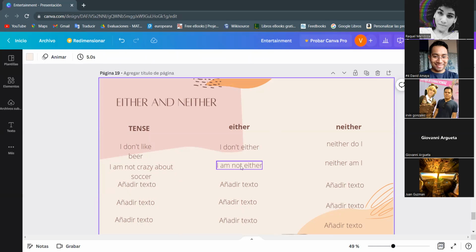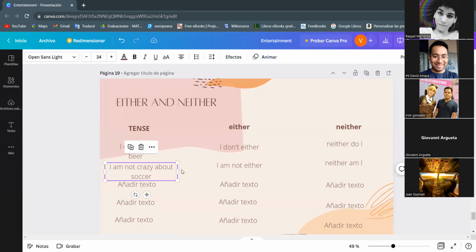So, what's the auxiliary here? I am not. Good. And let's see, for neither, can you help us read that answer, Irving? Neither am I. Good.